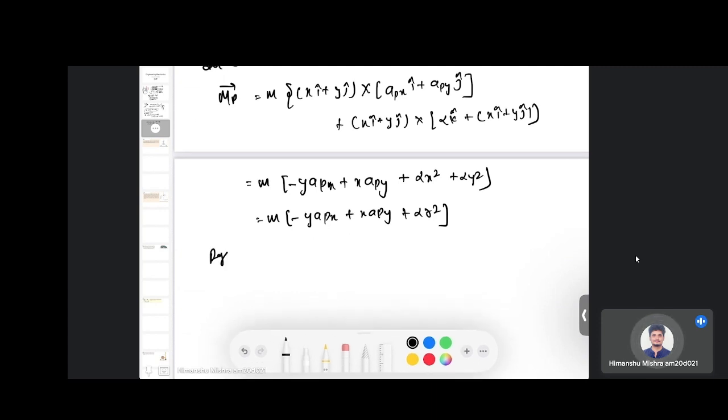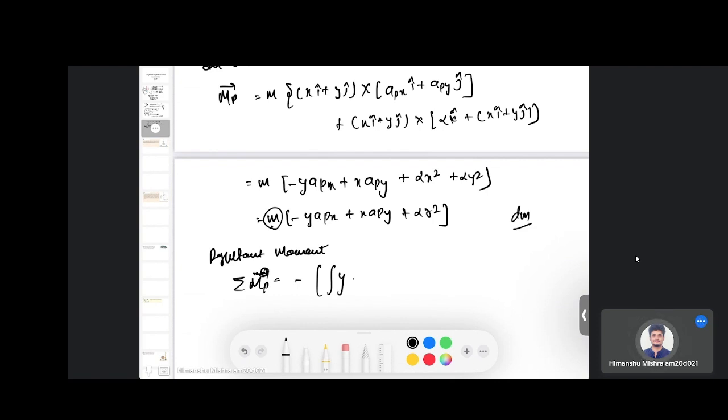Then the resultant moment, you can write in the scalar form, so it will be integration of y. So here, I am taking the mass of a very small element which I will denote by dm.